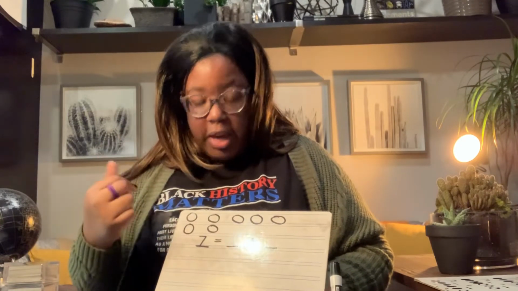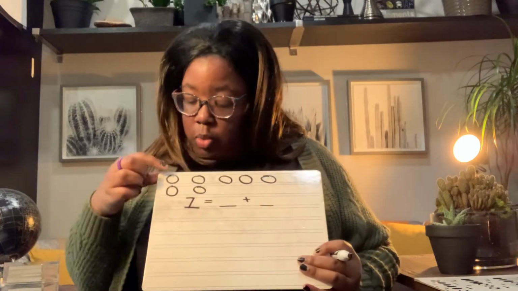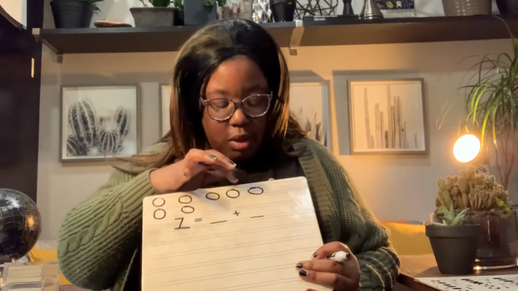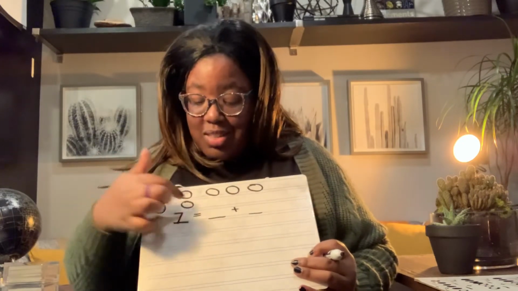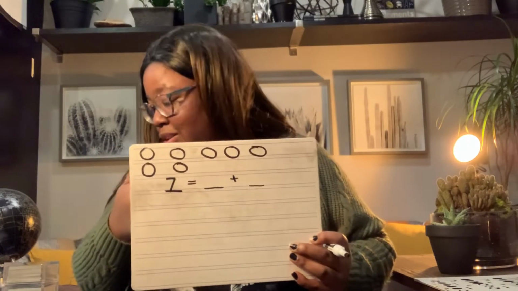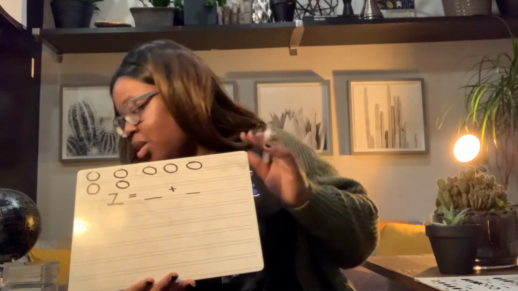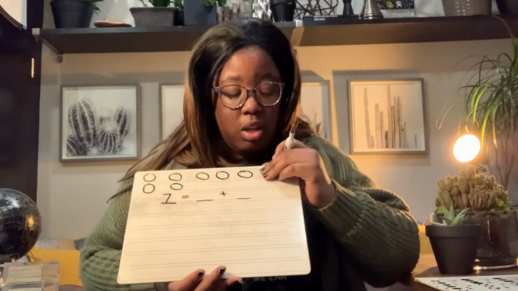And I'm going to count mine to make sure I have the correct number because I love to check my work. 1, 2, 3, 4, 5, 6, 7. That's how many we had all together, so I know my drawing is correct. All right, so we have to decide how many got muddy.